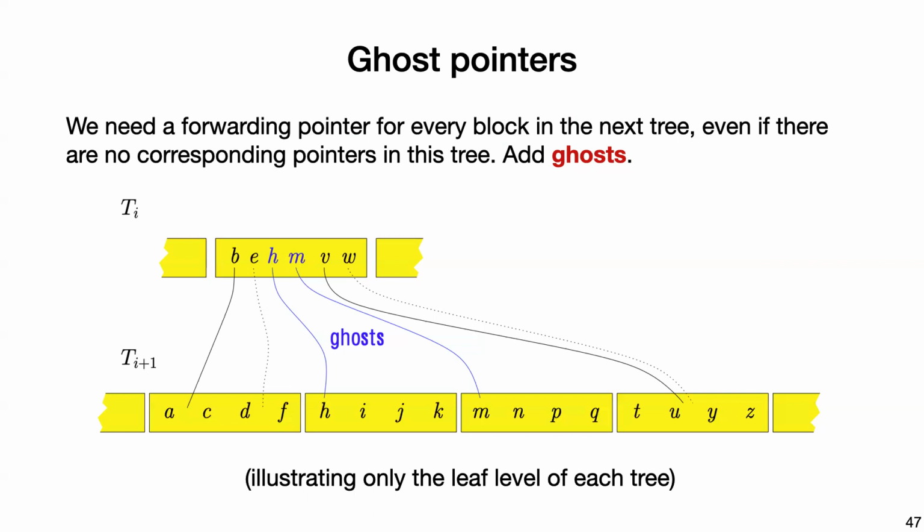You could build a pointer from E. Or you would knock out B, and then in the next rebuild, you would have to make A a ghost. And I'm assuming there's something that would indicate that this is not an actual value. Yes, you would need another special value, just like a tombstone, a reserved value for this.